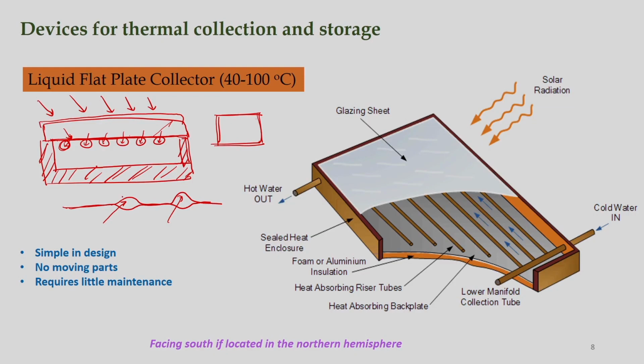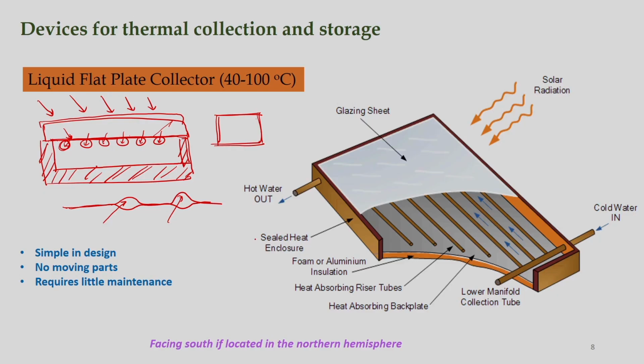This is a very fundamental flat plate collector. So, we will study the advancement and how evacuated tube collectors evolved and what is the need of evolvement, that we will discuss maybe in the next slide.